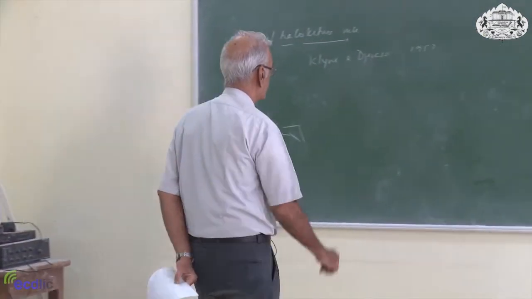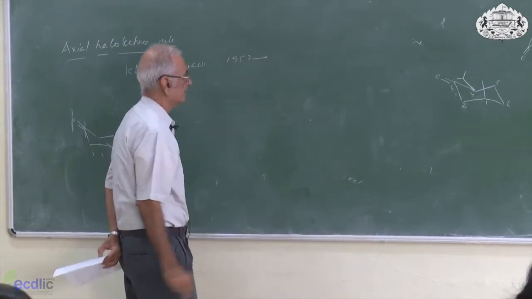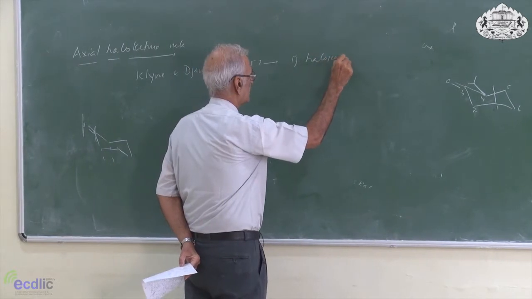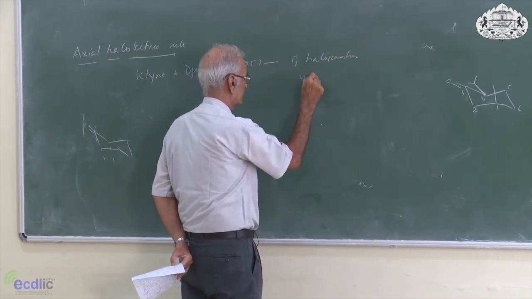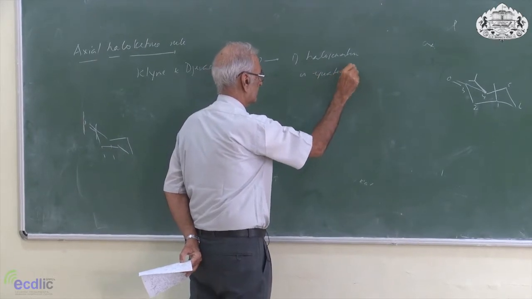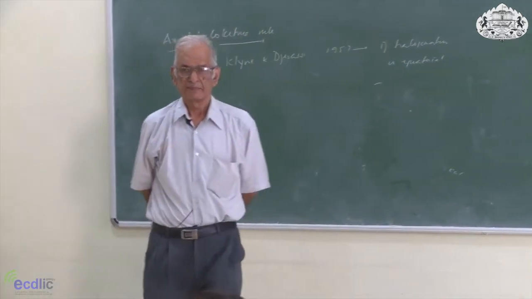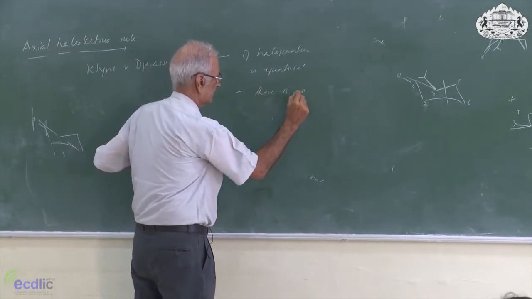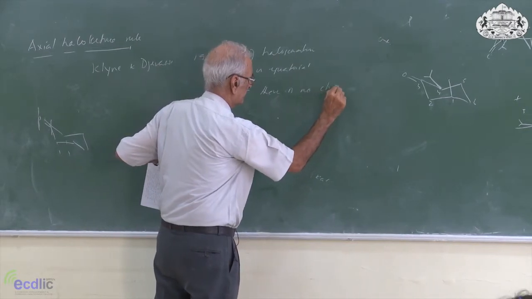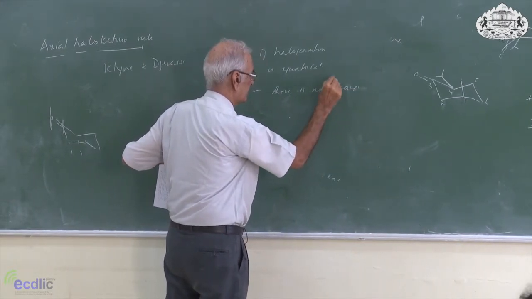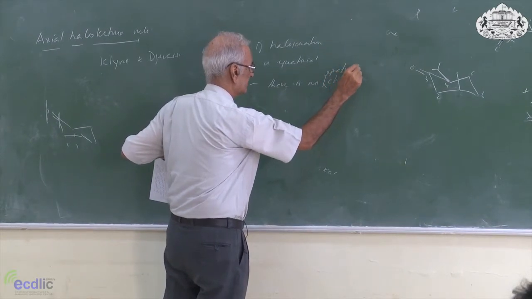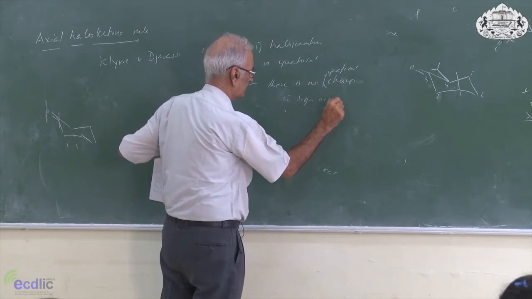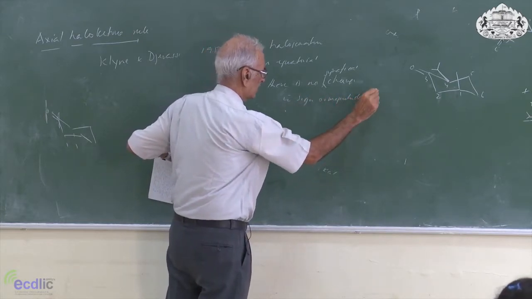What these people observed is, if halogenation is equatorial, there is no significant change in sign or magnitude of the Cotton effect.